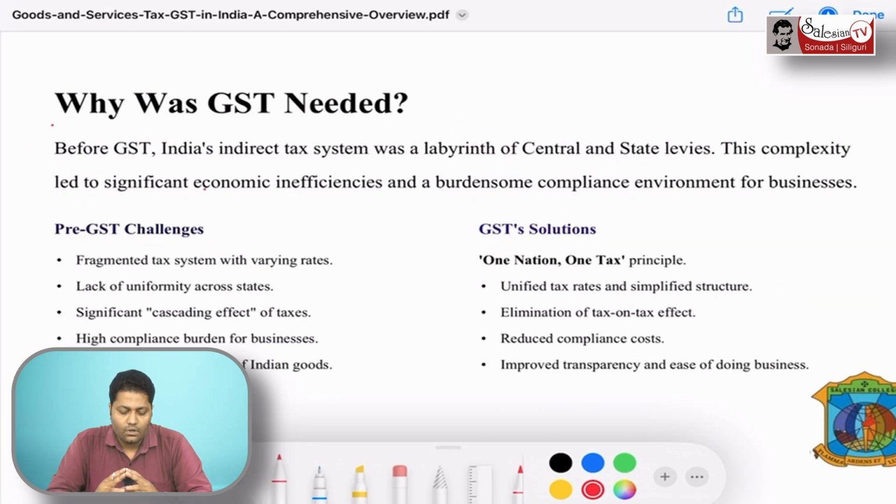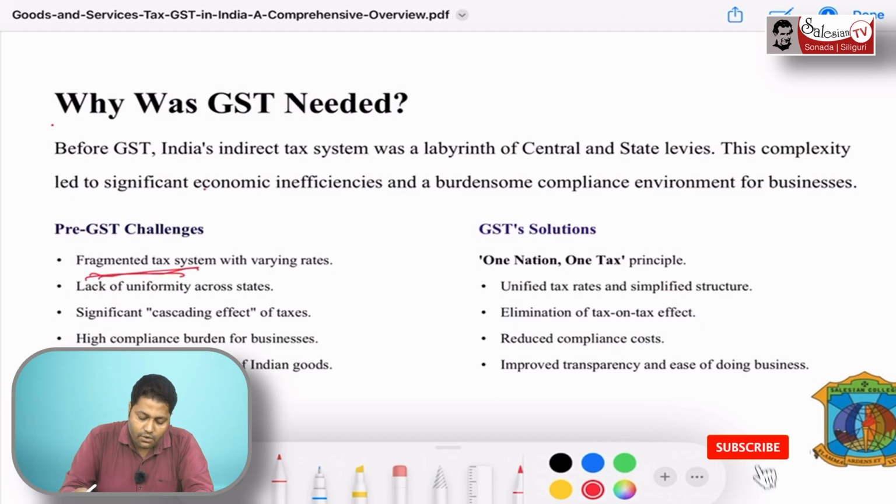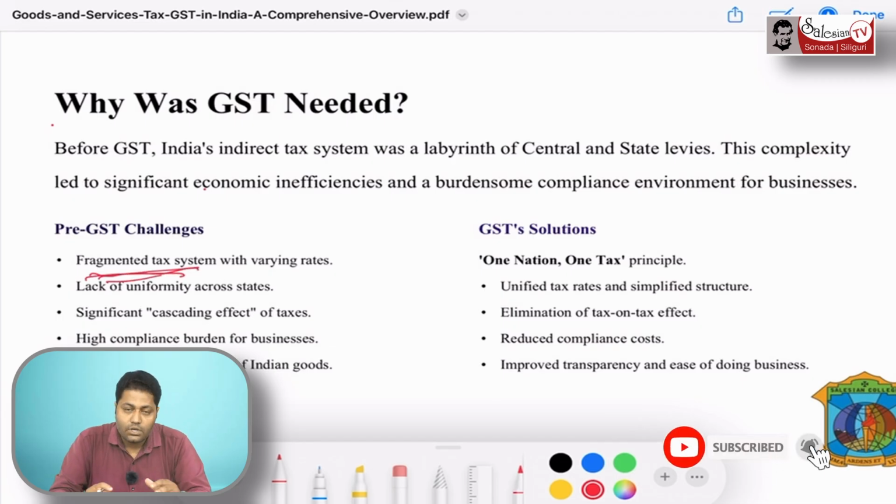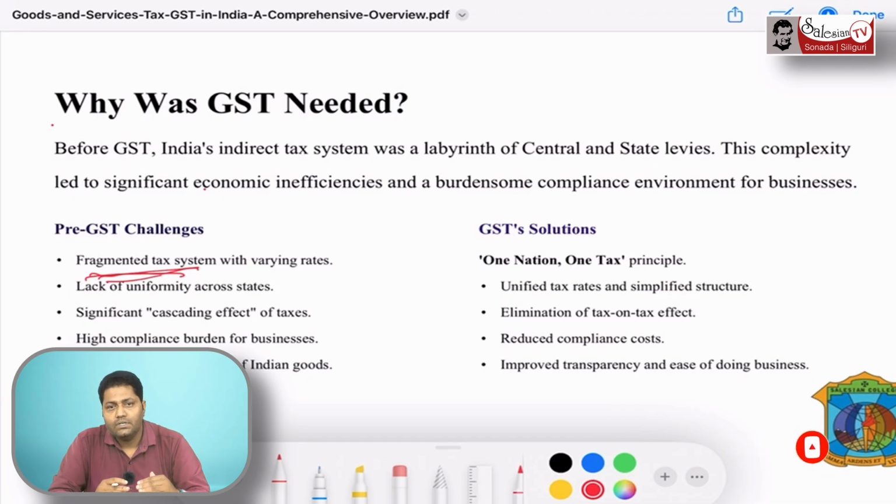So we will start with why GST was needed. As I've said, a fragmented tax system was there, and it was a problem for the trader also. As per the goods, that is luxury goods and different goods, different tax slabs were introduced by the government.